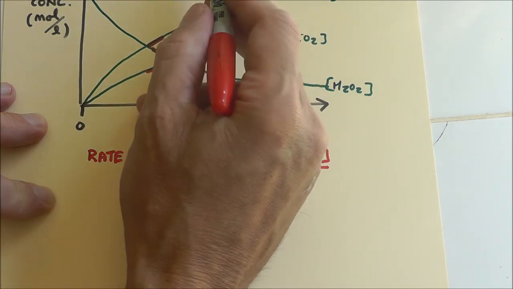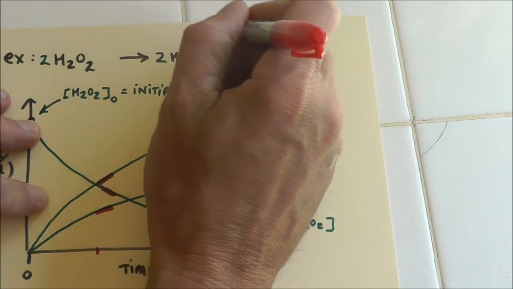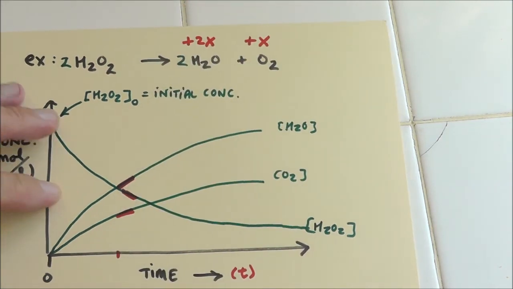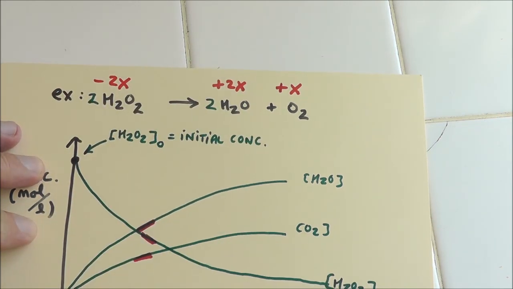Notice here, this is back to Gen Chem 1. For every plus x of this you make plus 2x. And you would then see a disappearance of minus 2x.